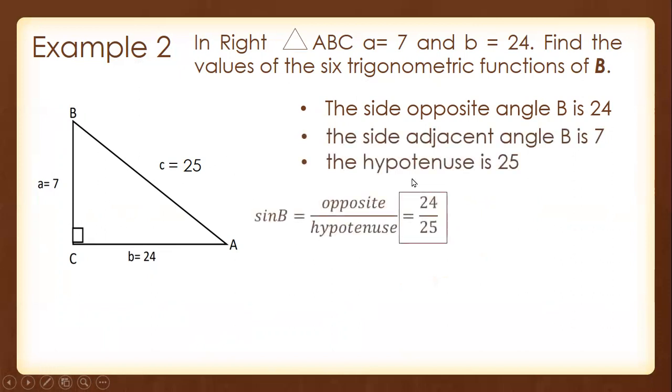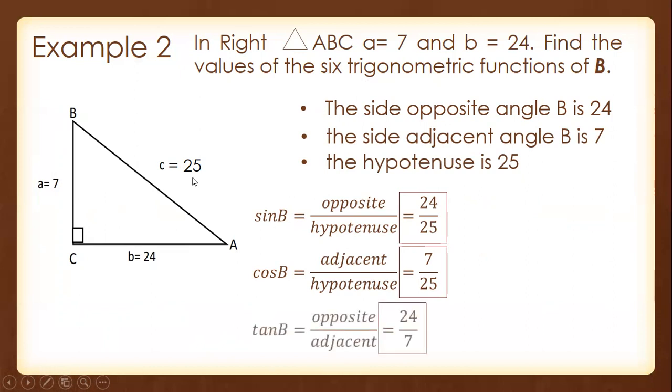So let's have sine B. Opposite over hypotenuse, 24 over 25. Cosine B, adjacent over hypotenuse, 7 over 25. Tangent B, opposite over adjacent, we have 24 over 7.